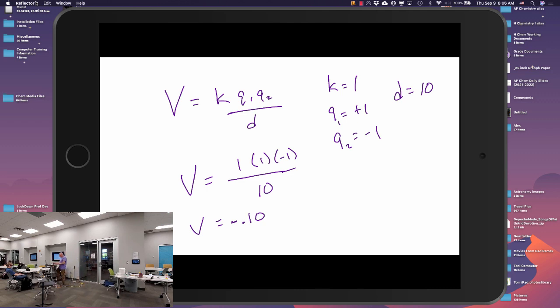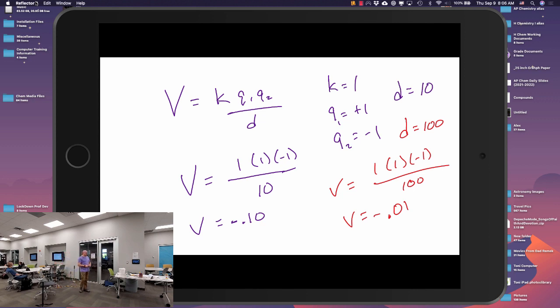Now, I'm going to change the distance to 100. So V is going to equal 1 times negative 1 divided by 100, which is going to be 1/100, right? Or negative 0.01.